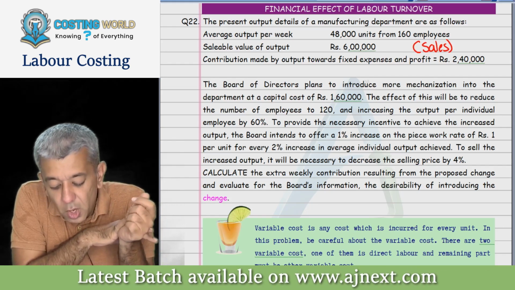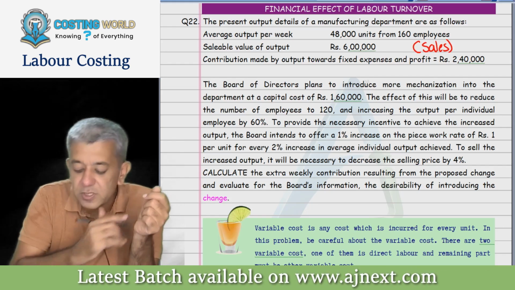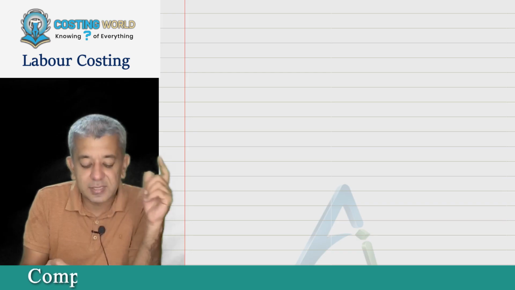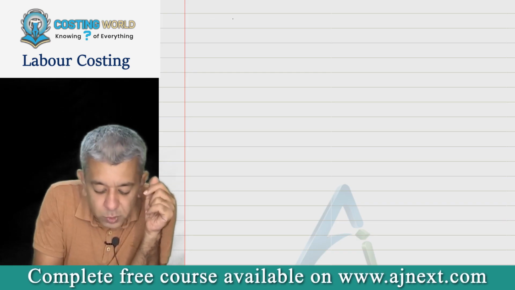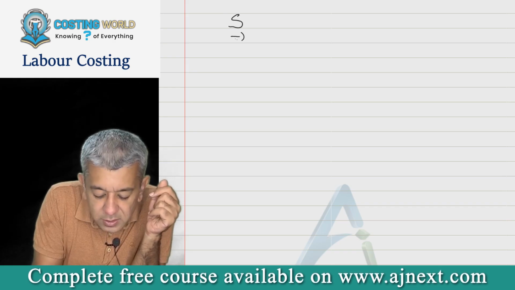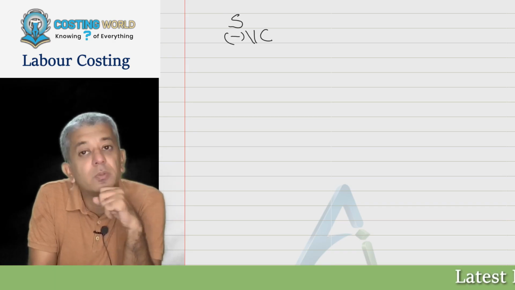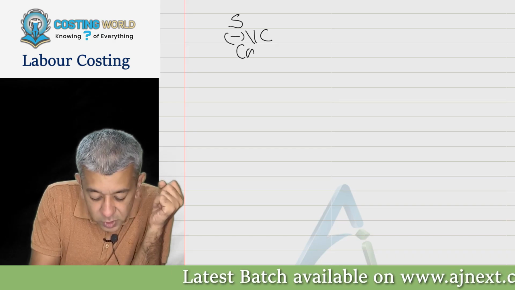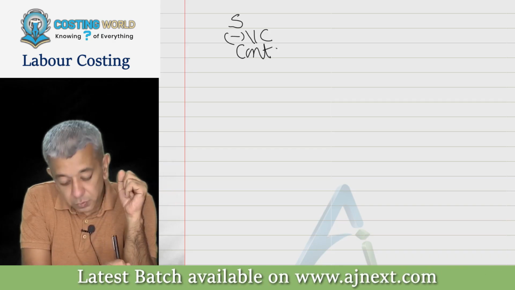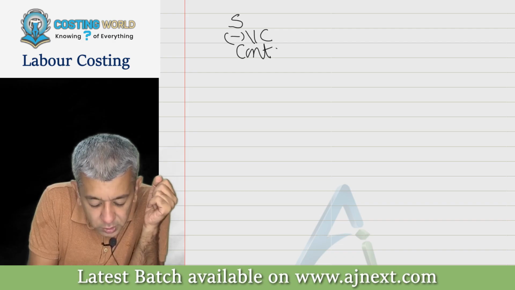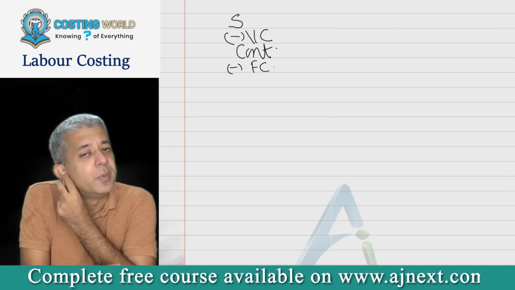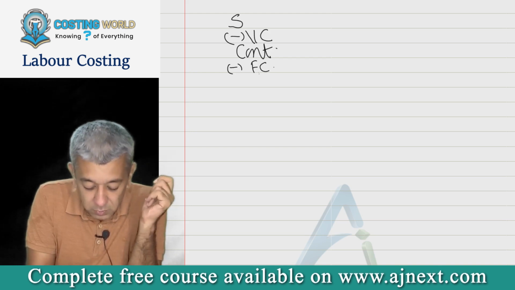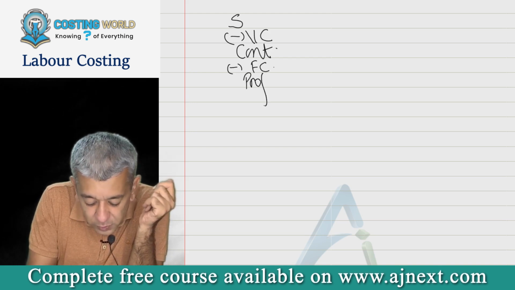Further, contribution made by output towards fixed expenses and profit. I have told you this in the chapter on joint products also. Sales minus variable cost gives you the concept of contribution. One part of contribution will always go to meet your fixed cost, and the balance part will always be your profit.